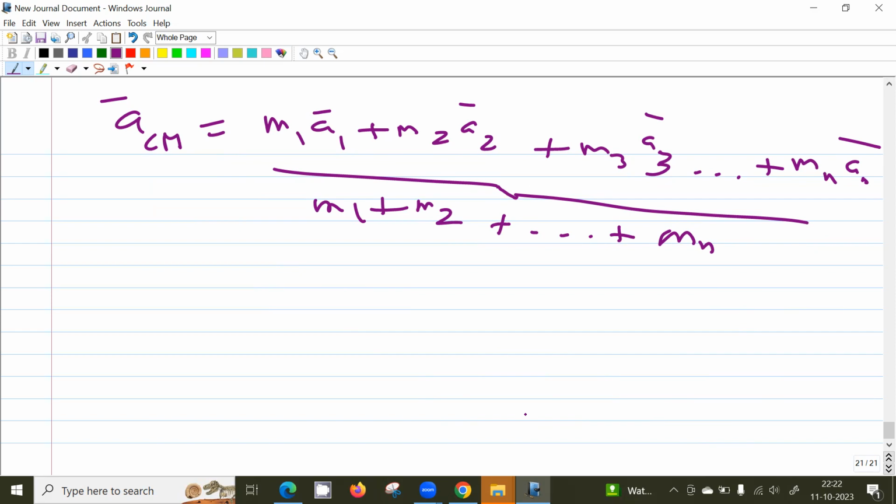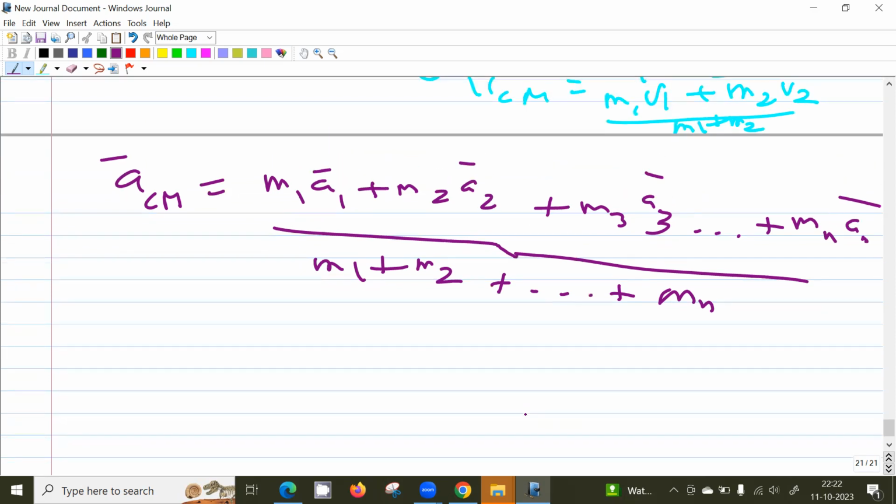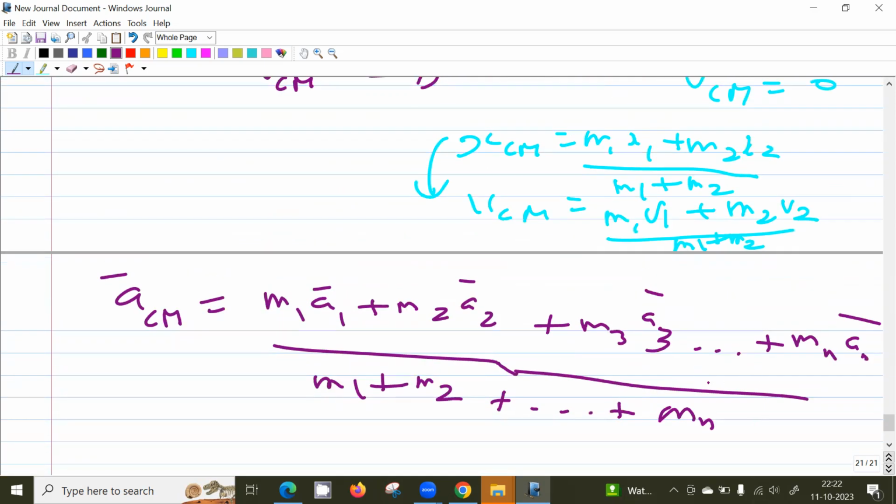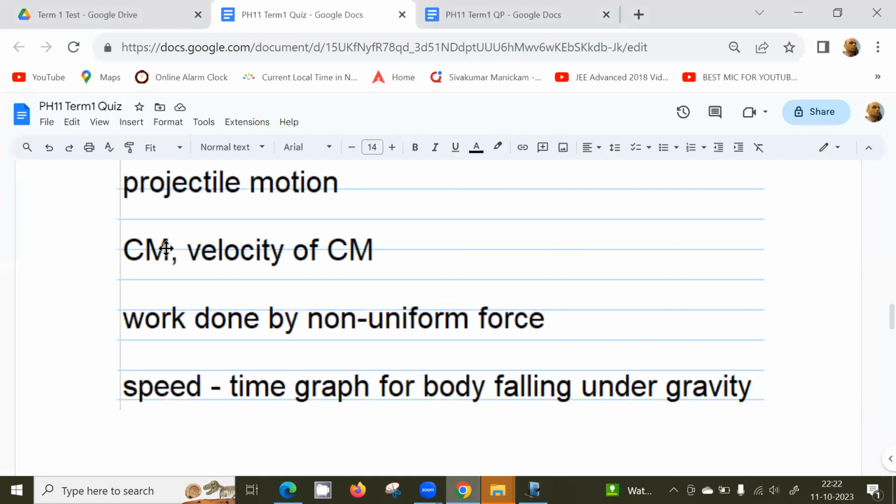So given the velocities of the individual masses, v1 and v2, I can find the velocity of the center of mass. If the question gives m1, m2, and the corresponding velocities v1 and v2, I can find how fast the center of mass will move.